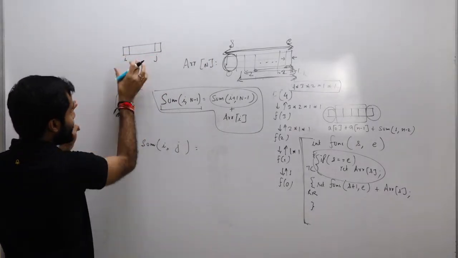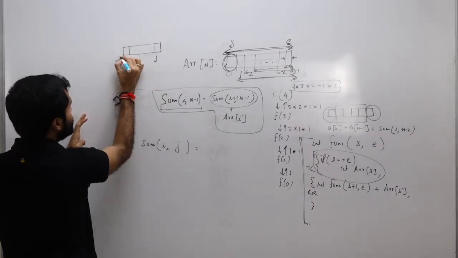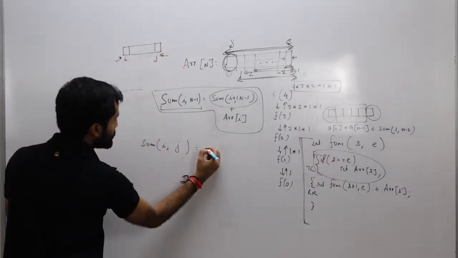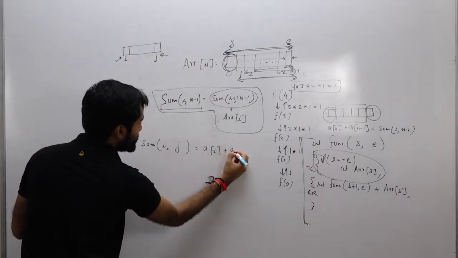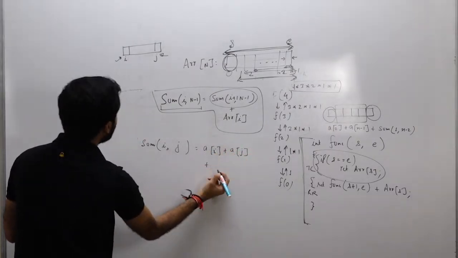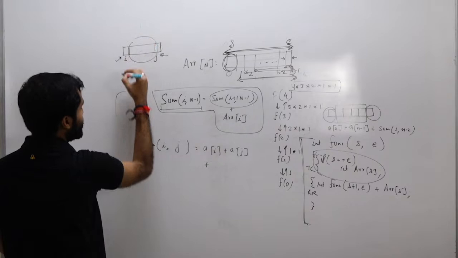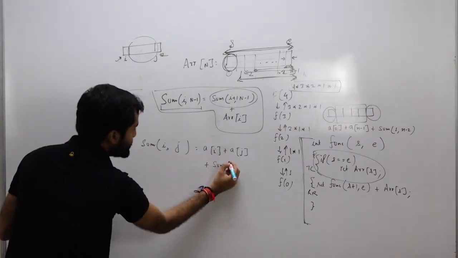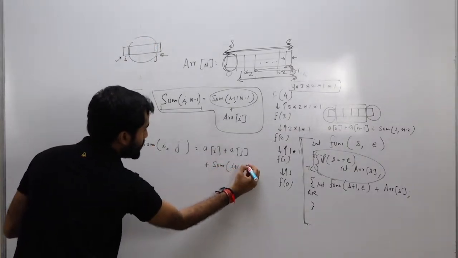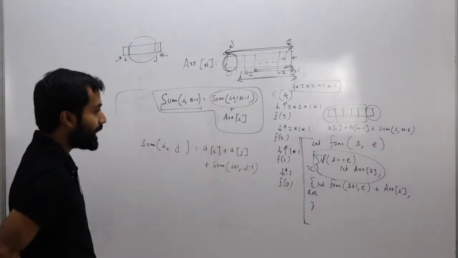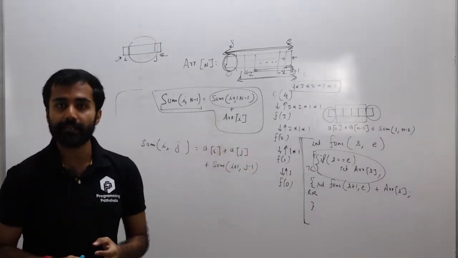If I need to find its sum, I would extract the first and last elements, which is a[i] plus a[j], and then I would focus on the sum of this sandwiched area, and it can be expressed as the sum from i plus 1 to j minus 1. So this can be our super simple recurrence relation.